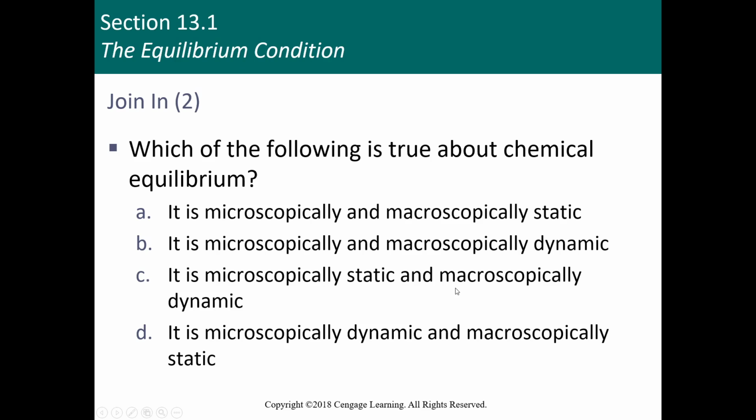Well, we actually flipped these, didn't we? It is microscopically dynamic and macroscopically static. That one's true. Because, yes, the individual molecules are exchanging all the time, but macroscopically, the concentrations do not change. And that is actually the definition of a chemical equilibrium.